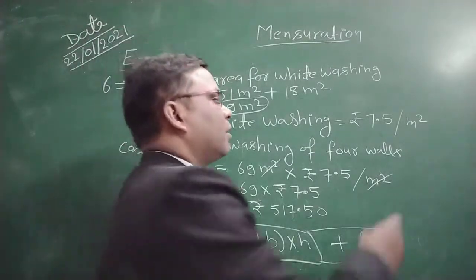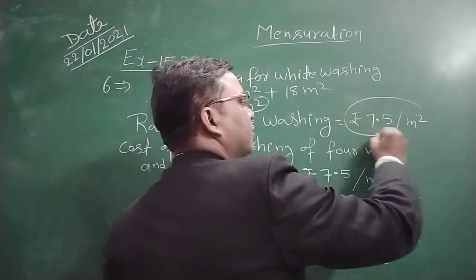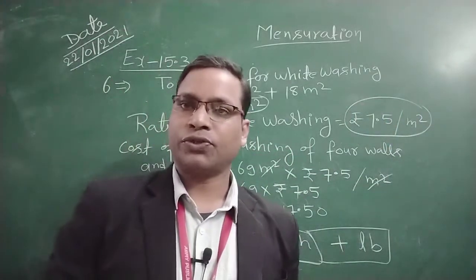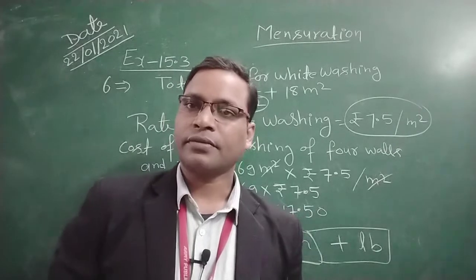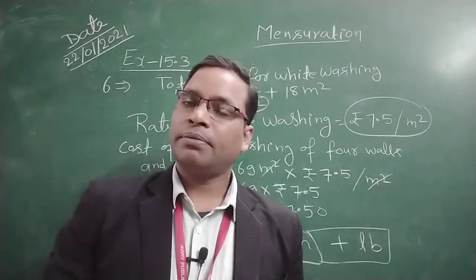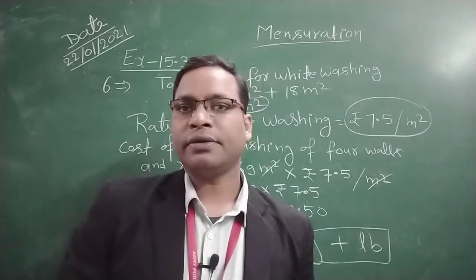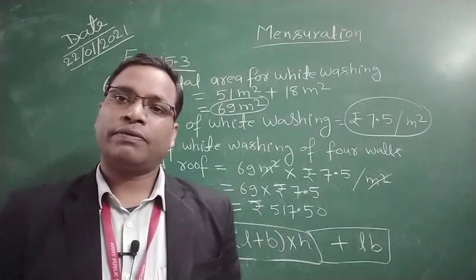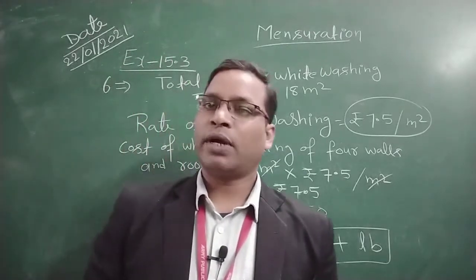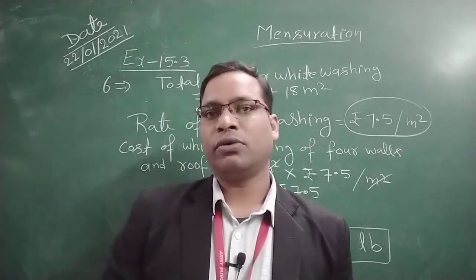And the rate of whitewashing is given here. What is the rate of whitewashing? This is 7.5 rupees per meter square. But we have 69 meter square. When you multiply the rate of whitewashing and the area of the walls and roof, then you get the cost of whitewashing for the roof and the walls.